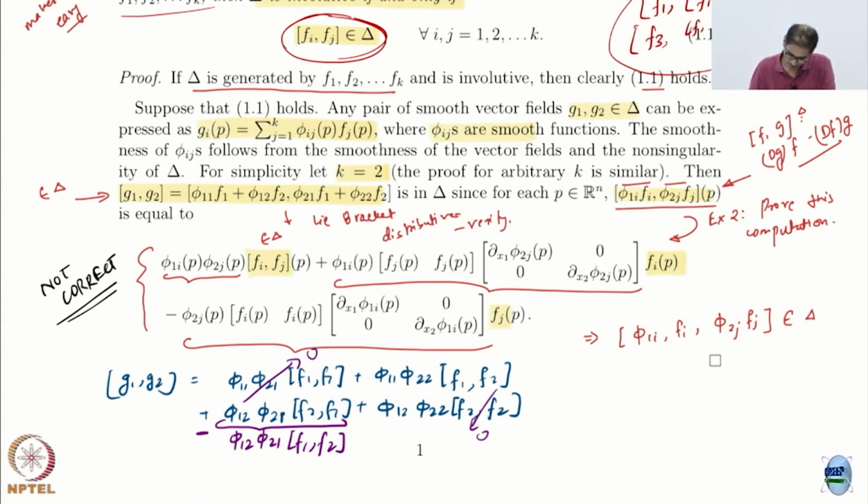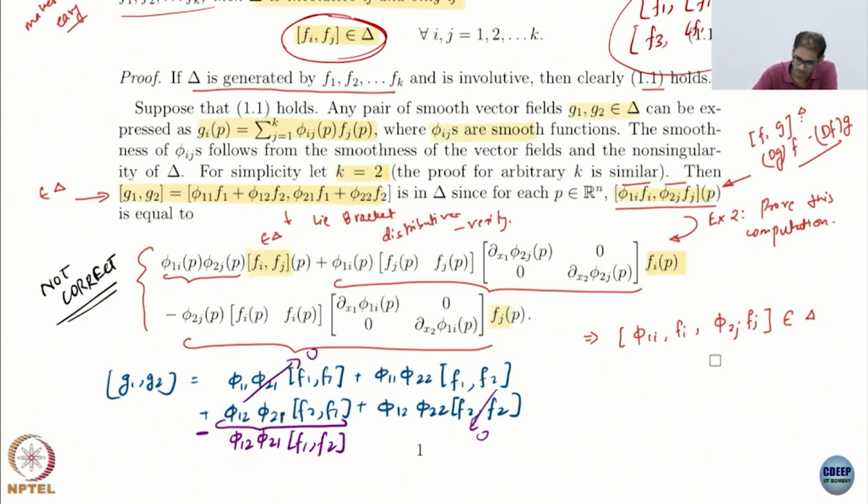I am left with these two. And these are actually the same term, I can flip the sign. Also, this is another thing that's true: Lie bracket is antisymmetric. So the Lie bracket of F1, F2 is the negative of the Lie bracket of F2, F1. So I can flip the sign.